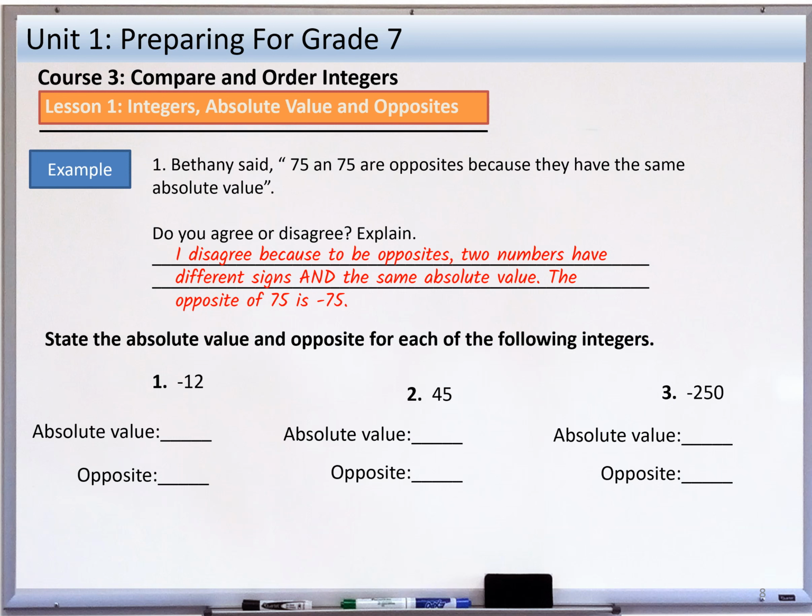All right. So below we're going to state the absolute value and opposite for each of the following integers. We have negative 12, 45, and negative 250. So what's the absolute value and opposite of negative 12? I'll do the first one for you. The absolute value of negative 12 is 12, and the opposite of negative 12 is 12. The next one, 45.